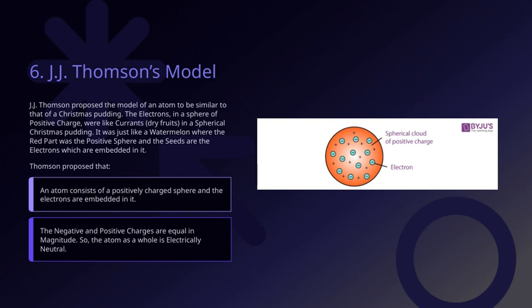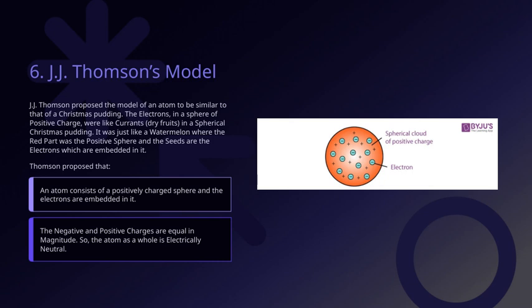Thomson proposed that the atom is basically a positively charged sphere with electrons scattered throughout it. This means that the negative charges, these electrons, are embedded inside a positive matrix, creating a sort of uniform mixture. An important point here is that the positive and negative charges are equal in magnitude, so the overall atom remains electrically neutral.